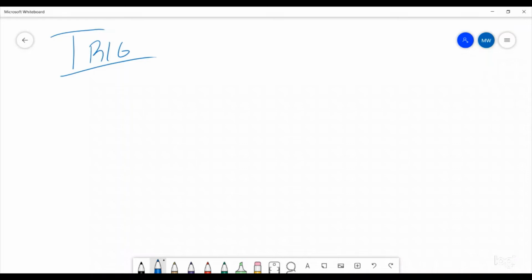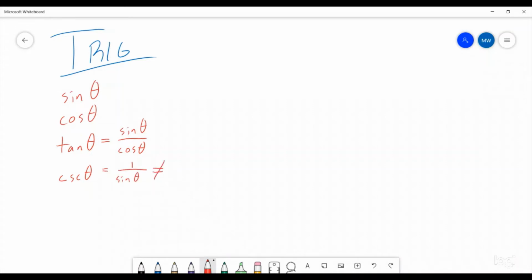So the most important things are you need to know all of the trig functions. So we have sine of theta, cosine of theta, tangent of theta. It's important to know that tangent of theta is sine of theta divided by cosine of theta. We have cosecant of theta, that is 1 divided by sine of theta, which is not the same as inverse sine of theta.